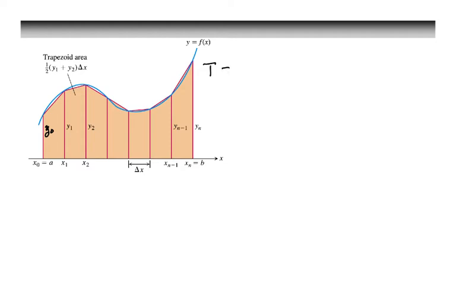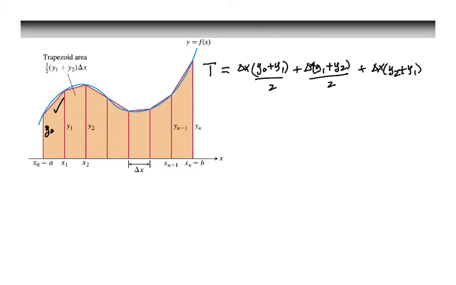And notice that the area is going to be delta x times y0 plus y1 all over 2, plus delta x times y1 plus y2 over 2, plus delta x times y2 plus y3 over 2, and keep on going till you get to the last two trapezoids.